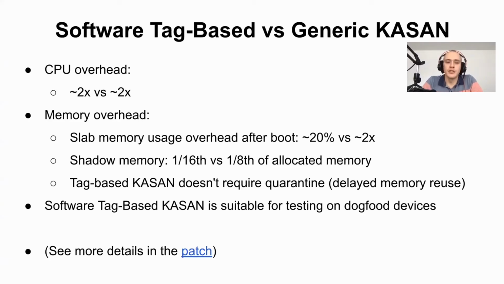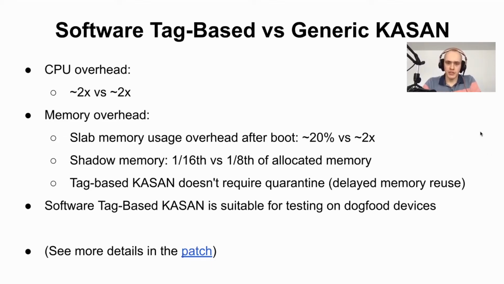And the first part is actually slab memory usage overhead. And it comes from the fact that, first of all, we need to store metadata after the object, and then we have to also align the objects up to the granule size. And in case of generic KASAN, the overhead is actually 2x, but in case of tag-based KASAN, it's only 20%, which is extremely low.